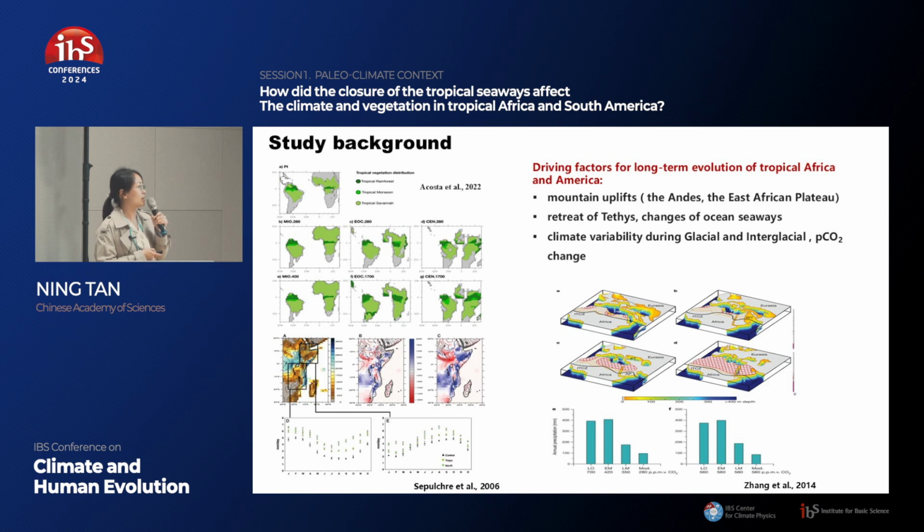And previous studies have also looked at long-term evolution. For example, in the recent publication of Acosta, they discussed the evolution of paleogeography and its impact on the tropical climate of these two continents, and they found that tectonic uplift is very important for the formation of the modern regions in these two continents.